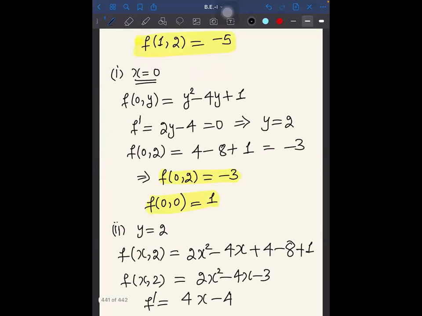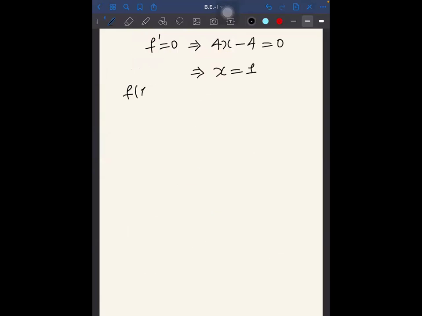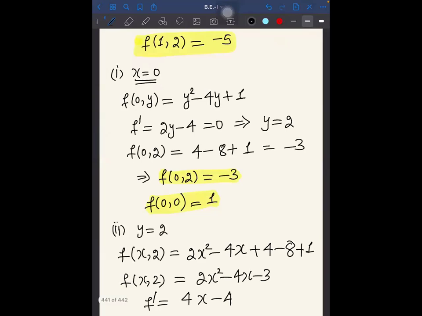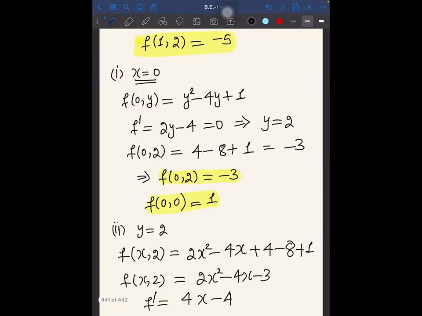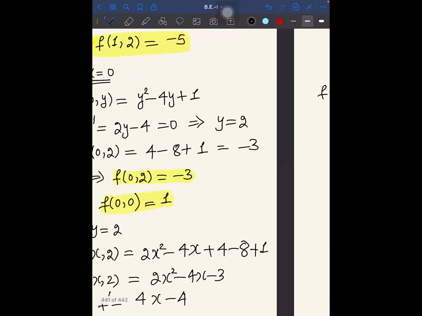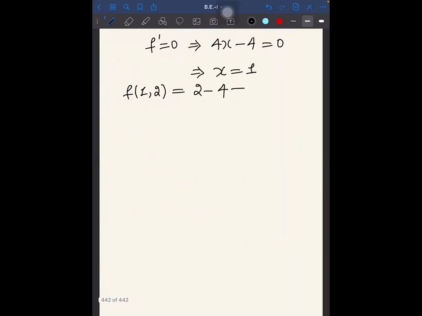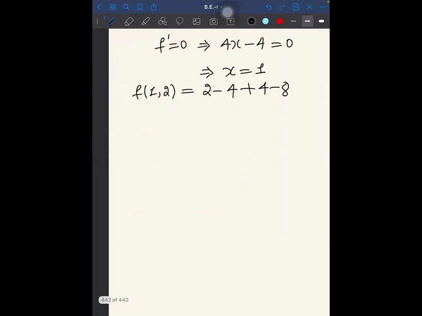So now you want to find out f(1, 2), which you have already calculated. But okay, you may cross check over here. You have already got that f(1, 2) is equal to minus 5. You will again get the same value. So you put x is equal to 1 over here. This becomes 2 minus 4 plus 4 minus 8 plus 1.